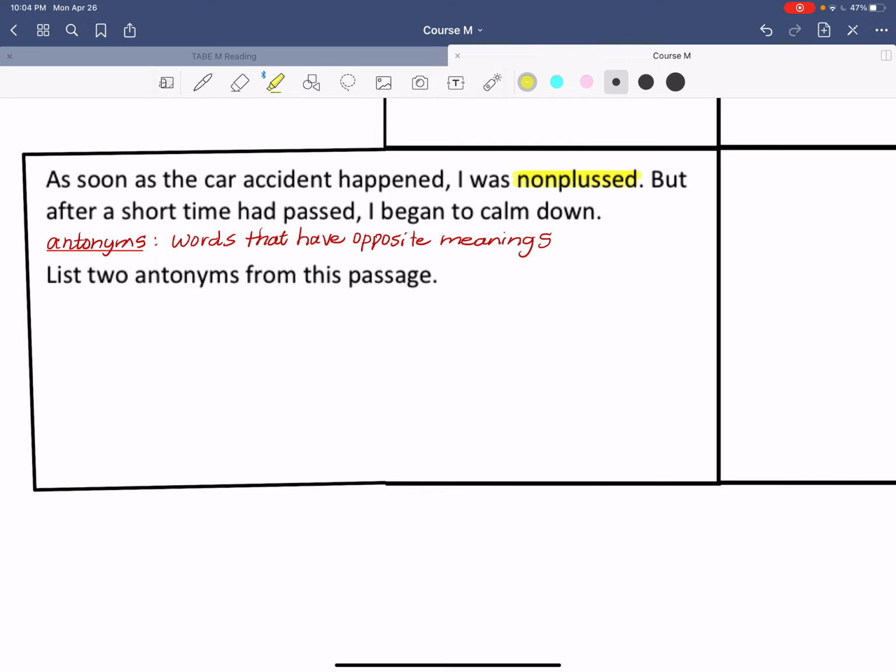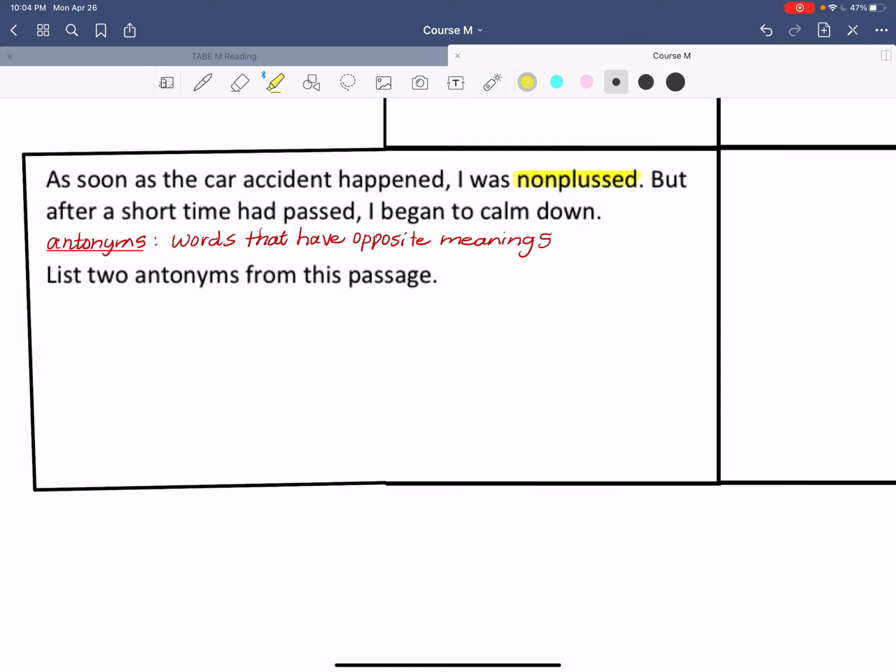If you have just been in a car accident, even a minor one, what would you be feeling? How would you be feeling after you had just been in a car accident? I would be feeling very nervous. I would be feeling very confused, maybe not sure how to react to something.